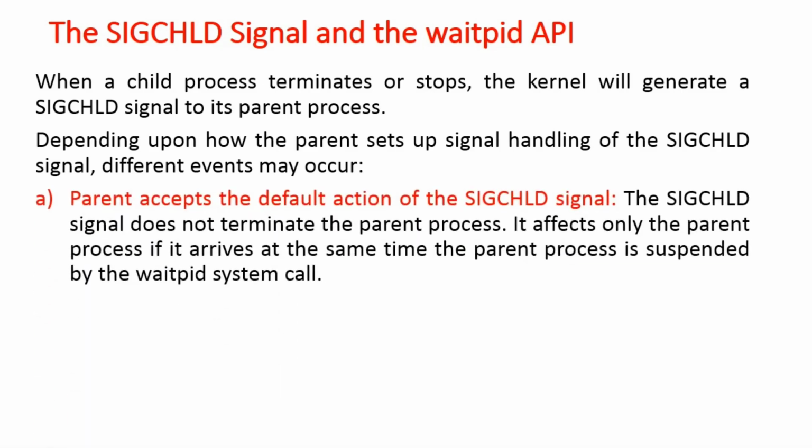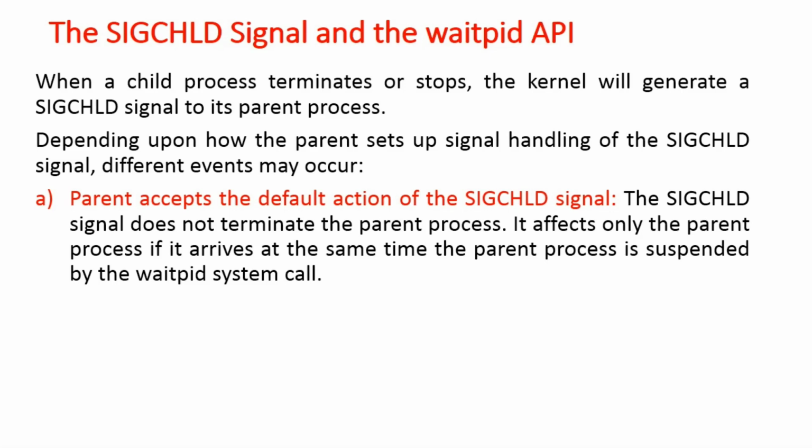There are three actions to be taken to handle the signal. The first one is that the parent accepts the default action of the SIGCHLD signal. Here the parent can accept the default action, whatever the signal is set to. The SIGCHLD signal does not terminate the parent process.